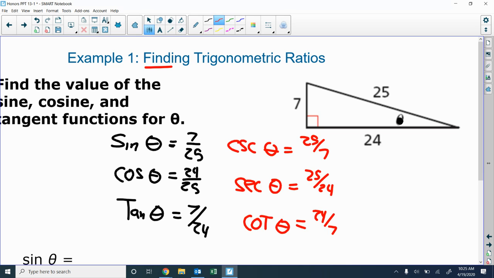Sine, cosine, tangent, cosecant, secant, and cotangent. Occasionally, we might make you find the third side using the Pythagorean theorem, so be aware of that. Make sure you realize that if this is my theta, this is my opposite, still hypotenuse, of course, and adjacent. So your opposite and adjacent can change depending on where your angle of reference is. So there's your 6 trig values.